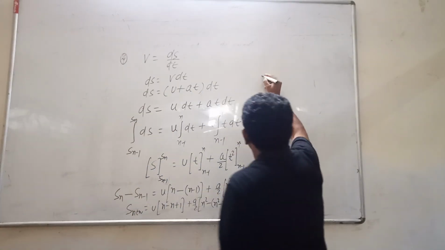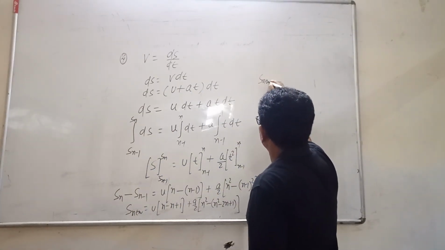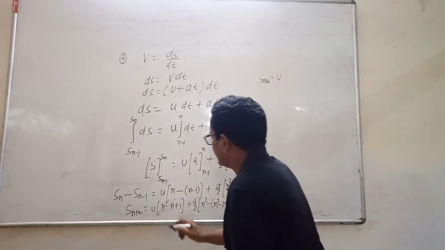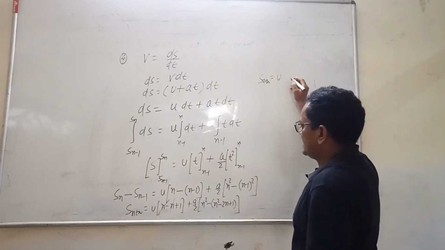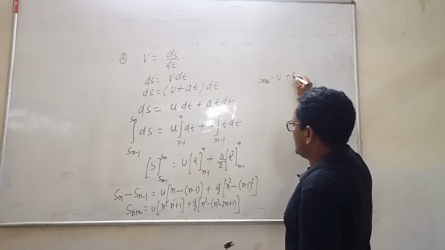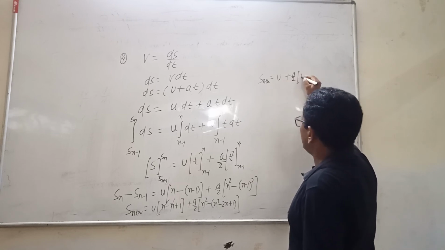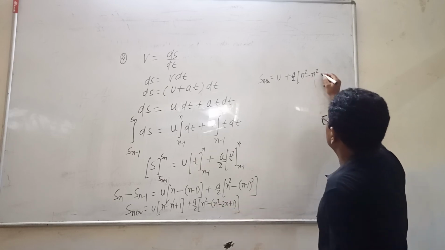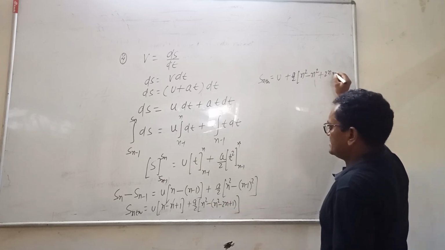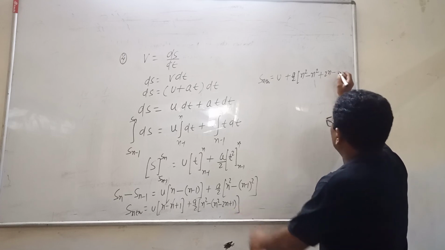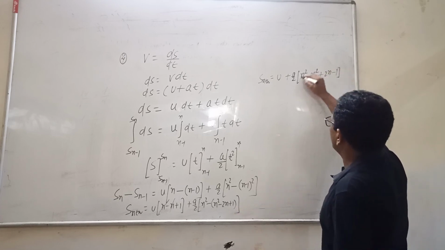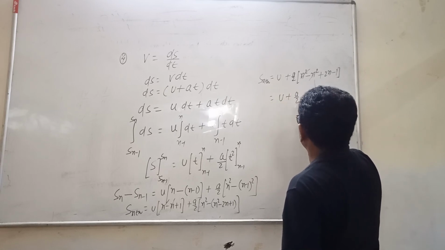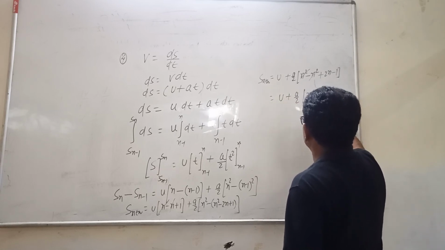So we get Sn equals u, n minus n gets cancelled, u multiplied by 1, u plus a by 2 and n square minus n square plus 2n minus 1. N square gets cancelled, so u plus a by 2 into 2n minus 1.